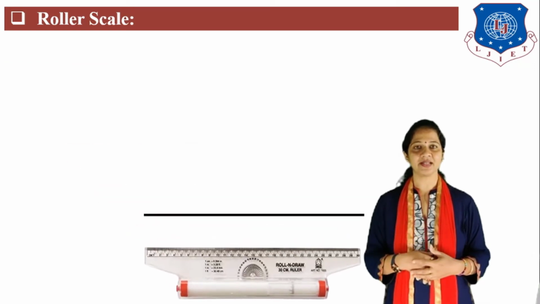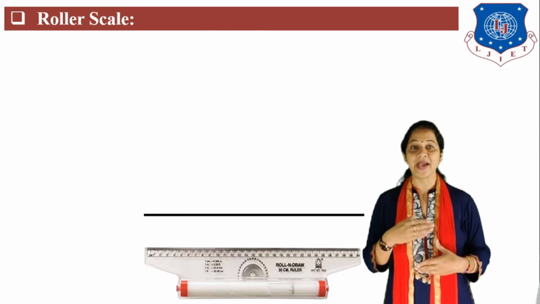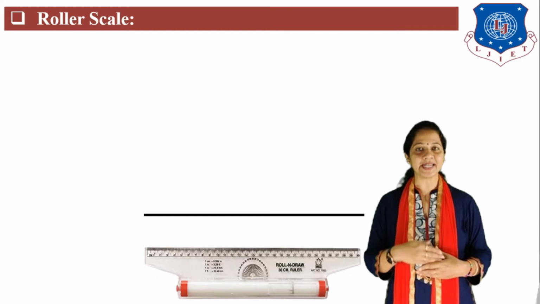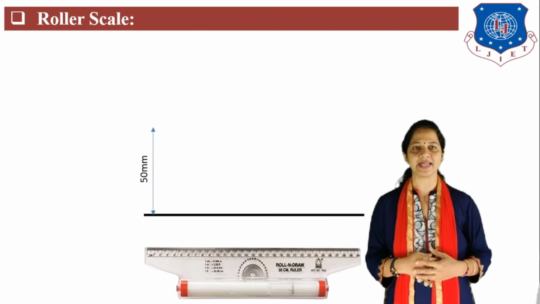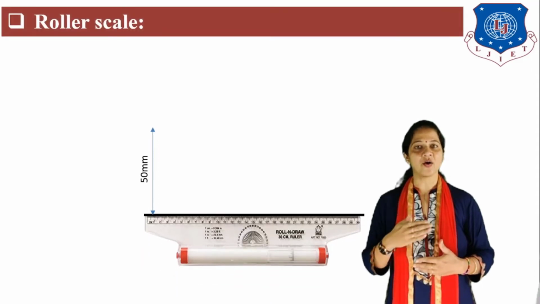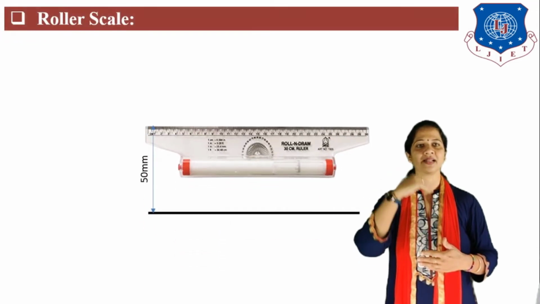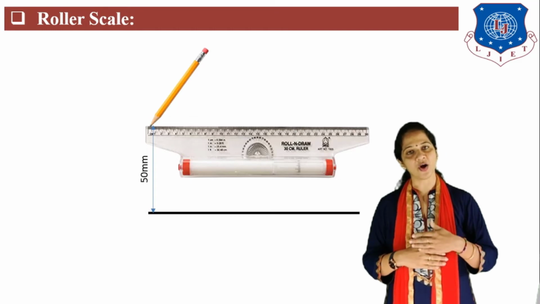For example, if you want to draw a line parallel to this given line and 50 mm away from it, then set your roller scale on this line, roll the roller scale up to a distance of 50 mm and draw a line.